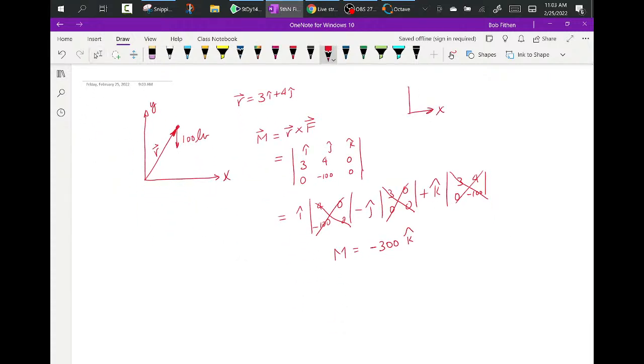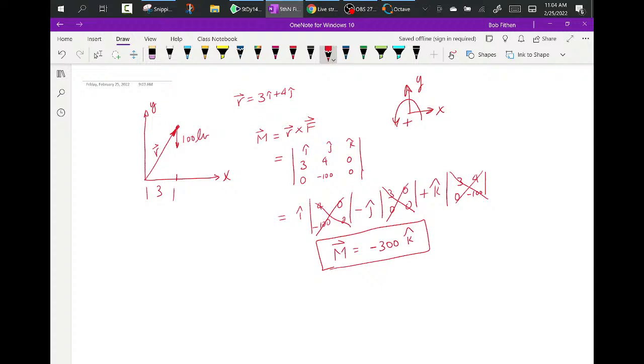Now, I'm going to do this to get you used to something. If you have an X and a Y, this is a positive moment there. So in fact, the fact that you have this being minus 300 means it's going clockwise, and it doesn't become too strange to see that this is 3 in your moment arm.